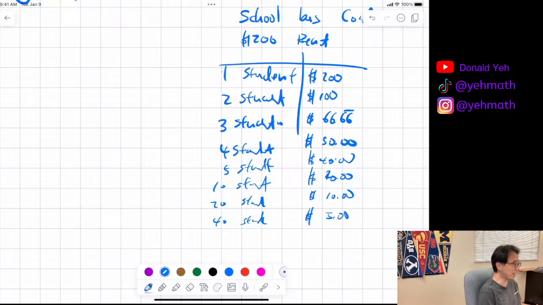Why? Imagine that you have a magic school bus. Then you can fit 200 kids on the bus. Then each kid pays how much? $1. It doesn't matter if this magic school bus can fit 2,000 students. Then each kid is paying 10 cents. But it never goes down to 0.